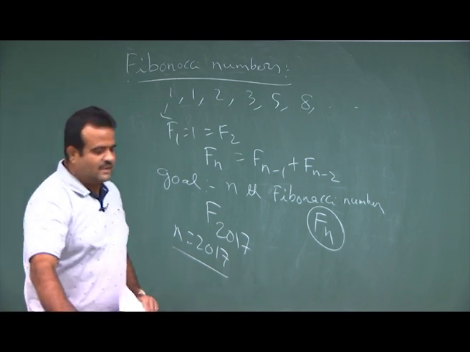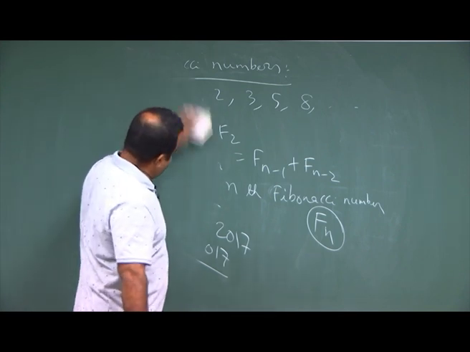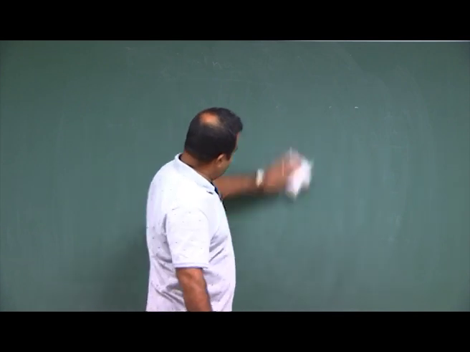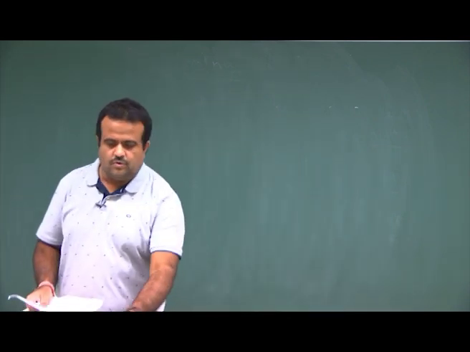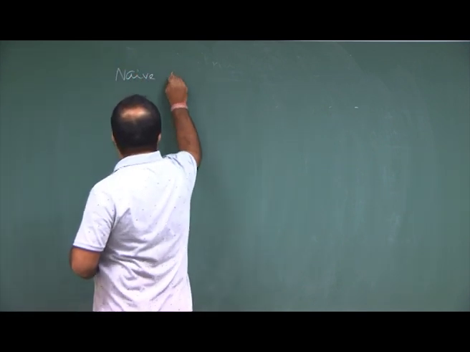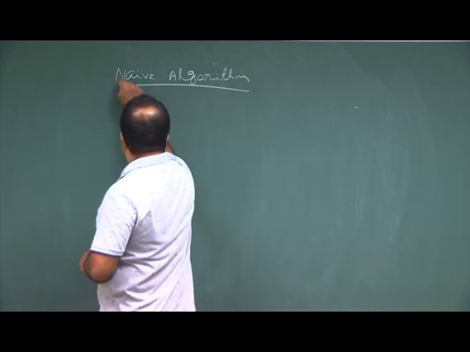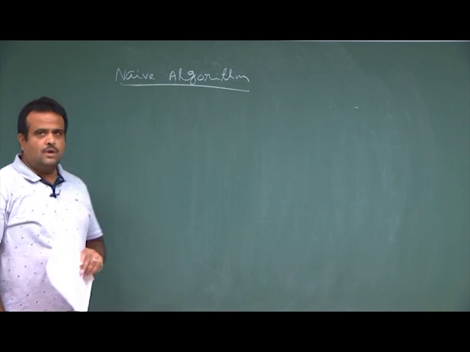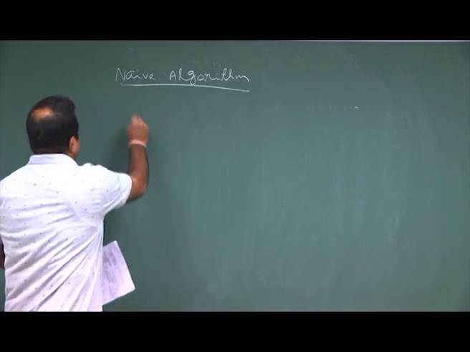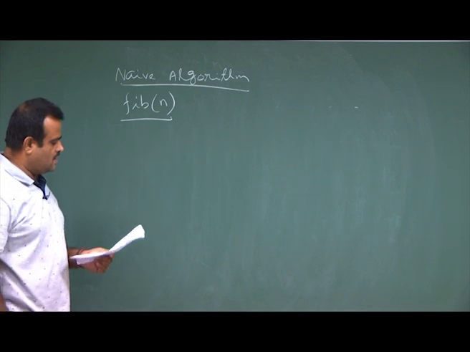So, what is the naive algorithm to solve this problem? You have to use this recurrence, this formula. This is the naive algorithm. We follow the recursive formula. Suppose we want to find fib of n, this is the call.